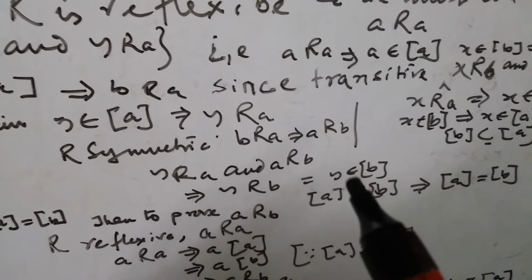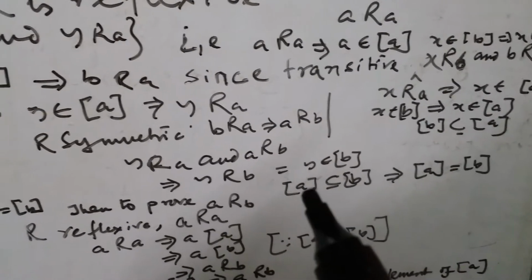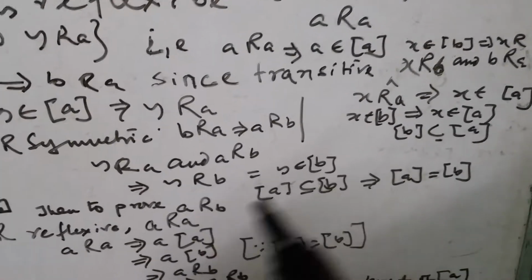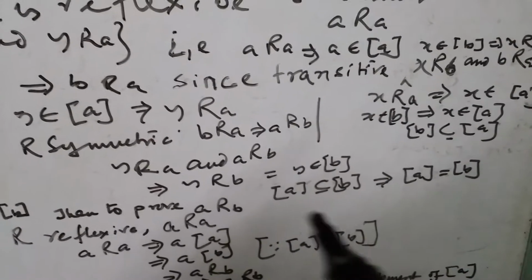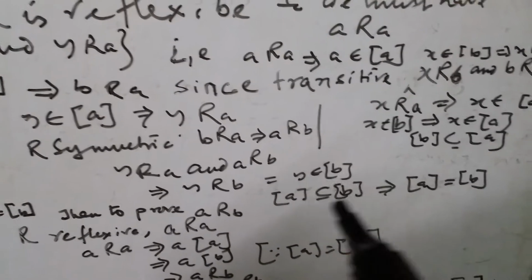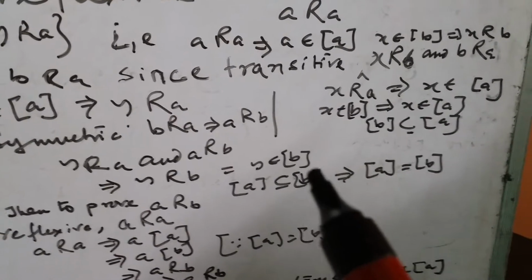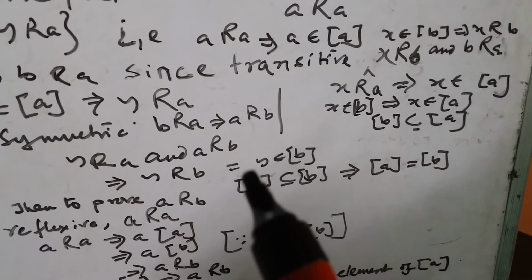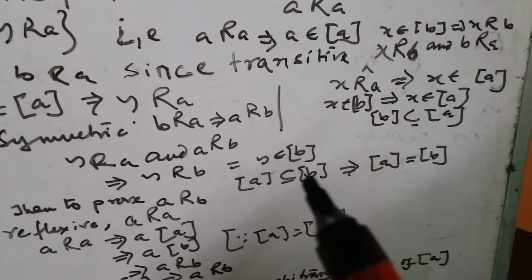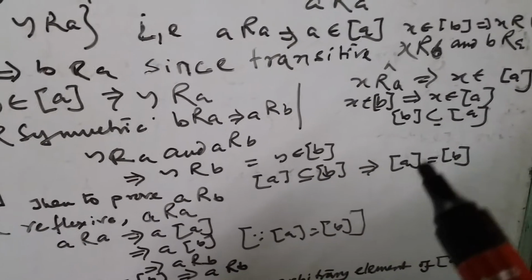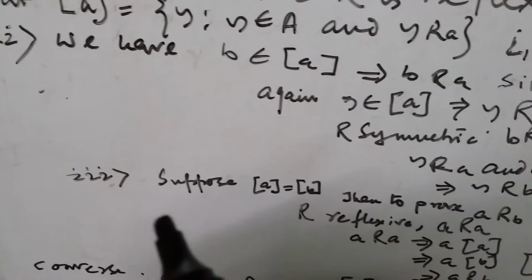That's why y belongs to [b]. This is made upon the condition of symmetric and transitive. So [a] is a subset of [b]. So [a] is equal to [b].